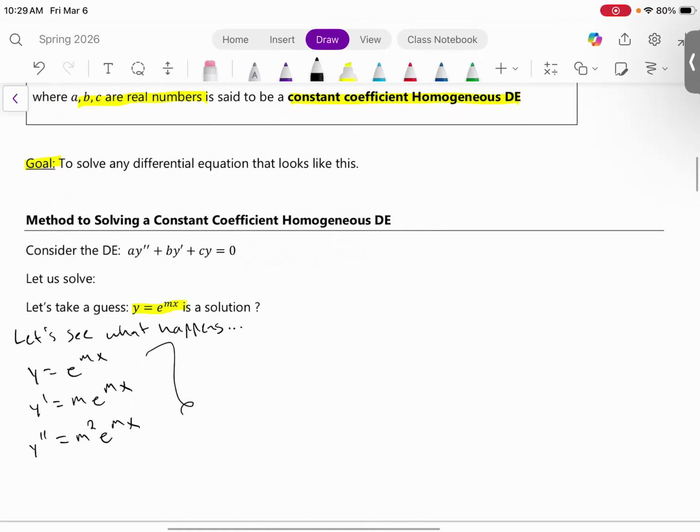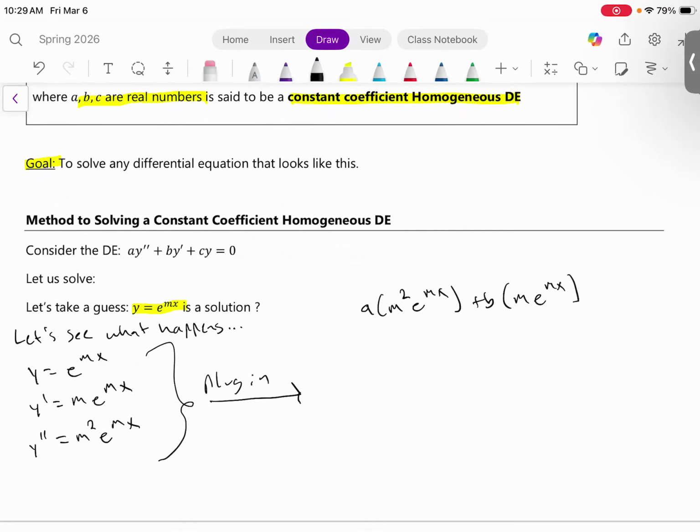And so what we're going to do is take these and plug in to the differential equation and verify it. So I would have a times m squared e to the mx plus b times m e to the mx plus c times e to the mx equals 0.